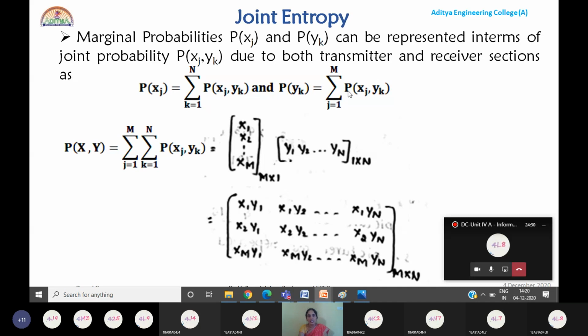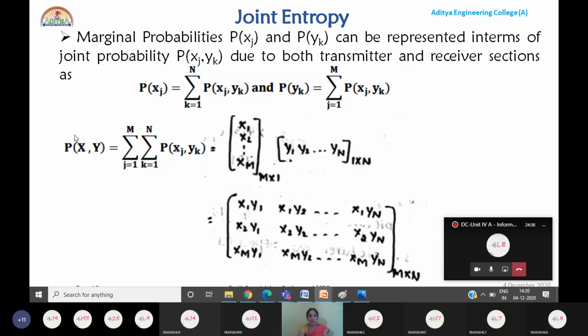And if you replace the j value from 1 to m, you can get p of yk. So here you are representing the marginal probability with respect to the joint probability. This first equation represents the relation between the marginal probabilities and joint probability.